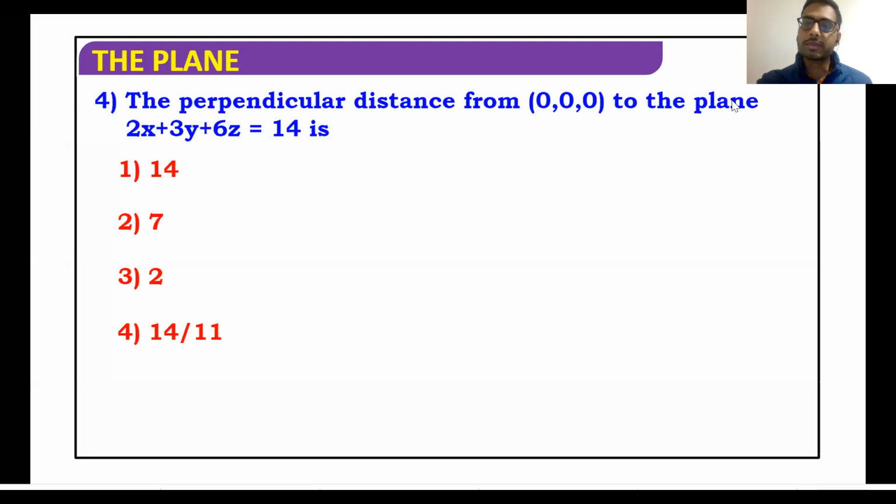I'll give you one more chance. Just think again. What is the formula? Formula is mod of d upon under root of a square plus b square plus c square. So calculate again and type in the answers.